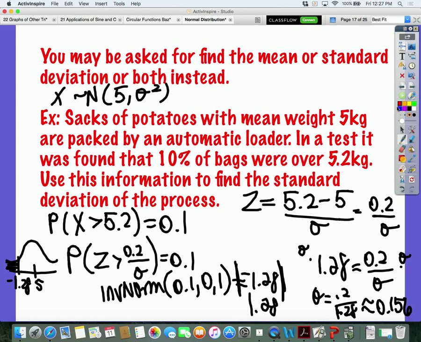That 0.1 was the smaller value, but we were looking for the greater value, so 0.9 would have given us the positive version. Could you have done a normal CDF? No, you wouldn't have been able to use it, because you didn't have your standard deviation. So you only use the positive.